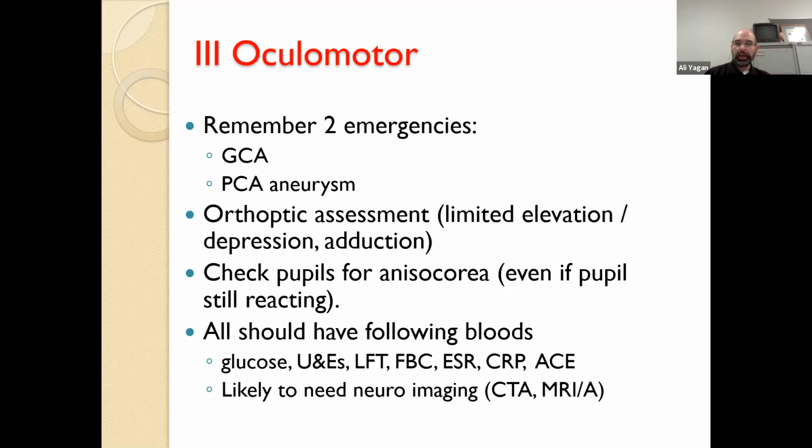And then once you rule out the aneurysm and you rule out the GCA with the bloods, the ESR and CRP, then you calm down a little bit and try to figure out what's exactly going on. But it's really a little bit dangerous to assume it's not aneurysm related in a patient just because it's not pupil involving. The chance, yes, it's 90% aneurysmal, but are you prepared to accept that 10% risk?